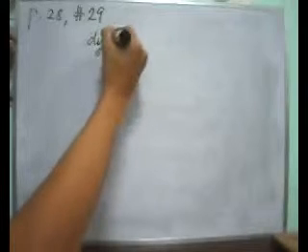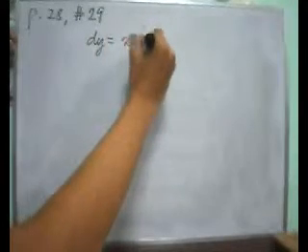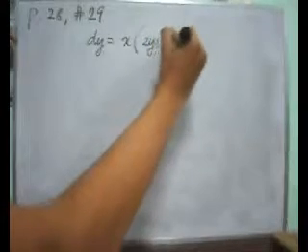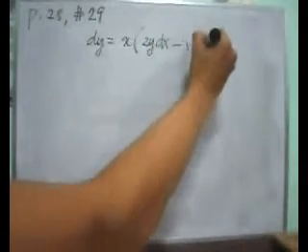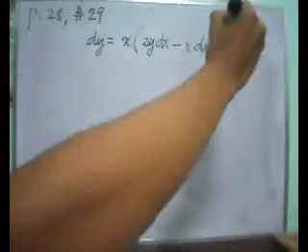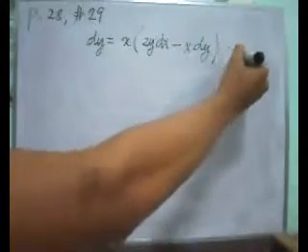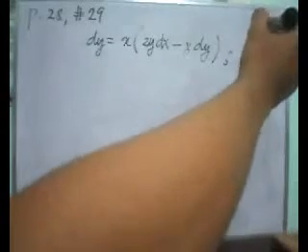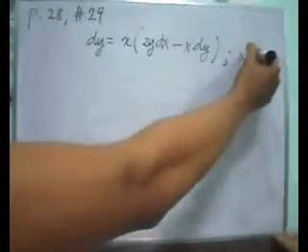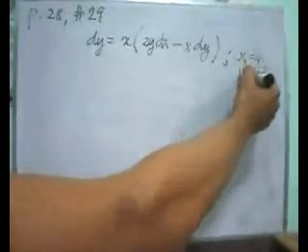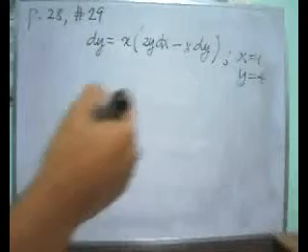Okay, now we will solve page 28, number 29. Given is dy equals x times 2y dx minus x dy, and solve for that differential equation, such that x equals 1 and y equals 4.